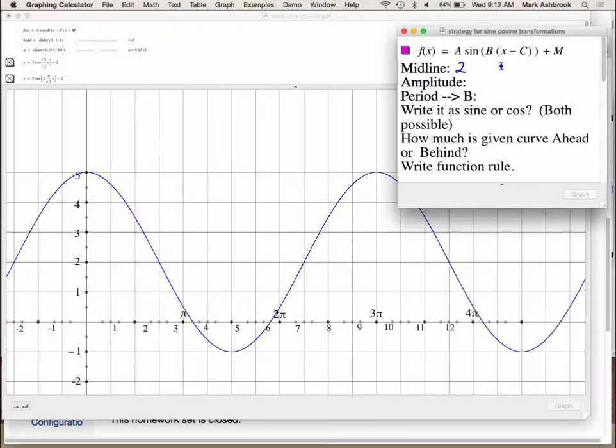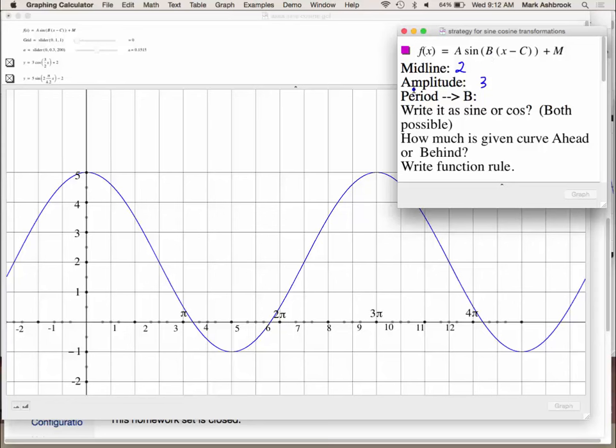We're taking that whole graph and shifting it up 2, so now the new midline is 2. Okay, the amplitude is from the midline up to the max and the midline down to the min, so it's 3.